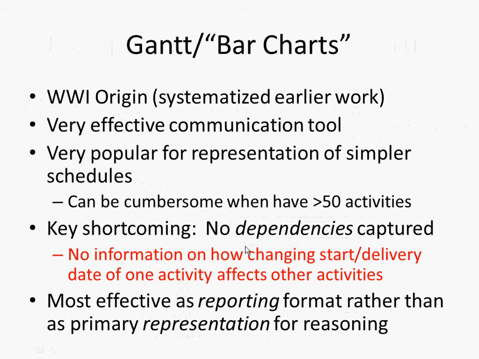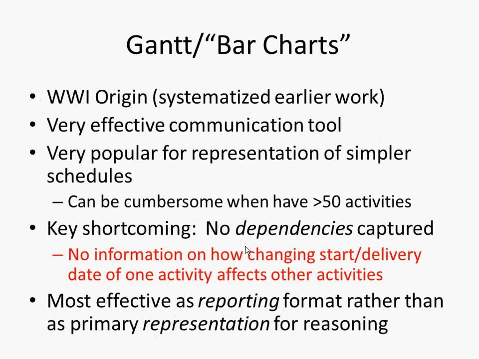Wouldn't disturb the meeting. Okay, the main shortcoming here is no dependencies are captured. That's the problem with the Gantt chart. It doesn't tell me, for example, if I delay this activity here, does it push these ones back? Is this one logically connected with this? So if this one gets delayed, say by 2 weeks, to this point, does this one have to get delayed too, because it has to wait till this finishes?